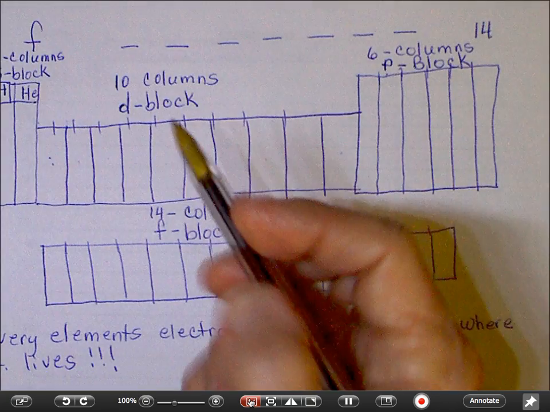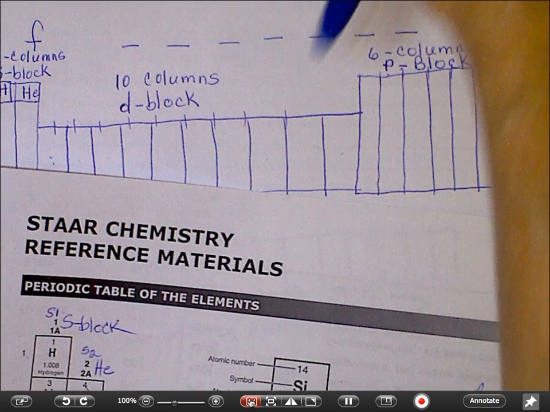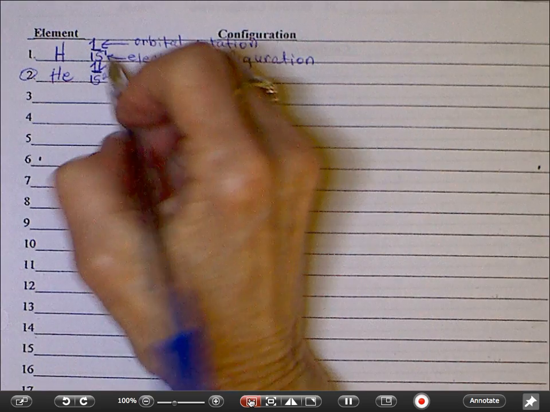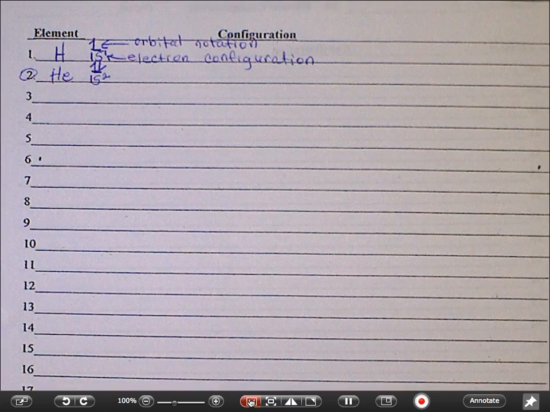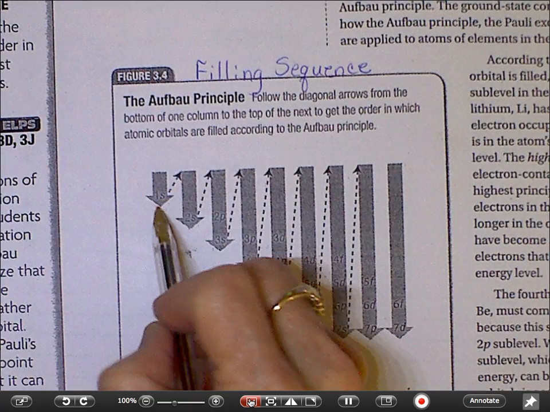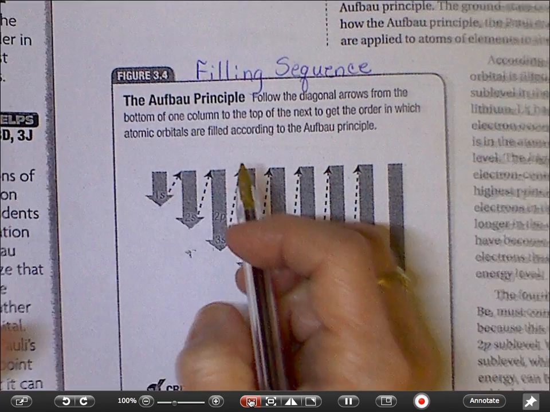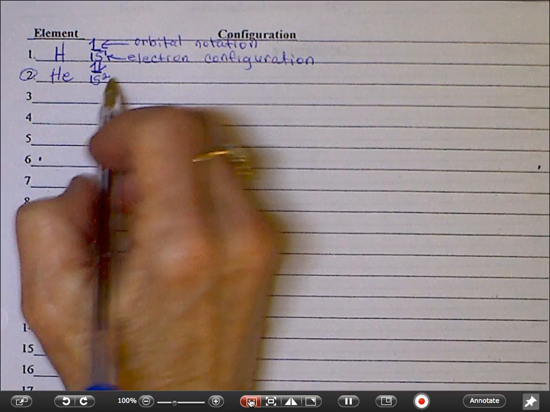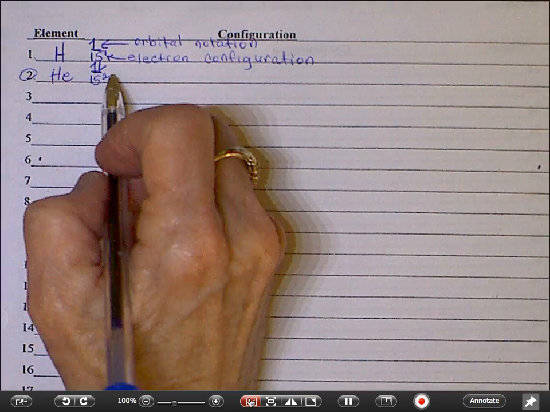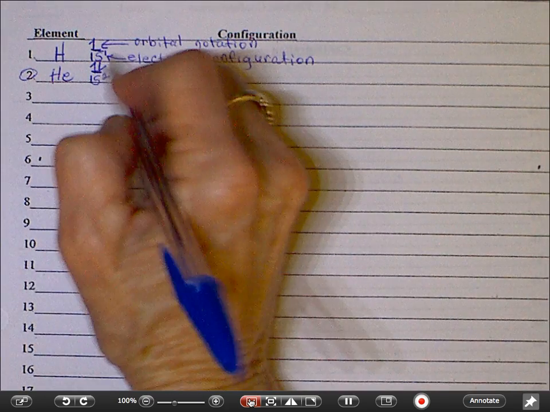Okay. So I want you to look right here. Every single element starts where? 1s. Now, do you see that the 1s is filled with 2? So this is filled.